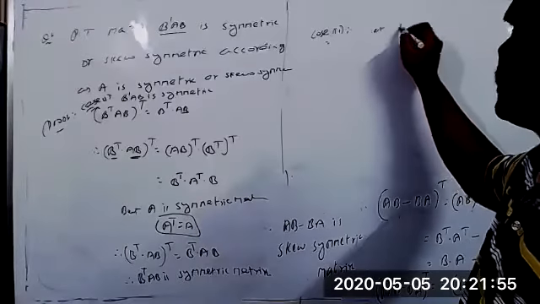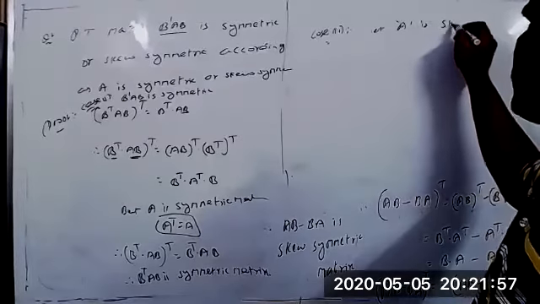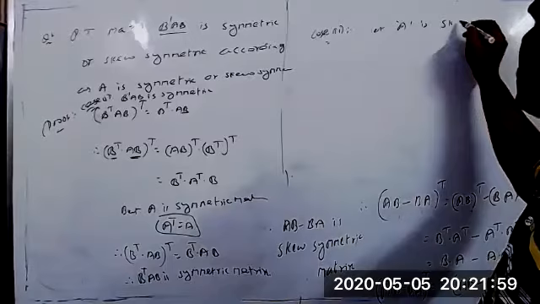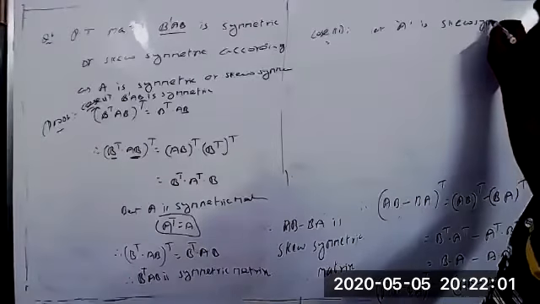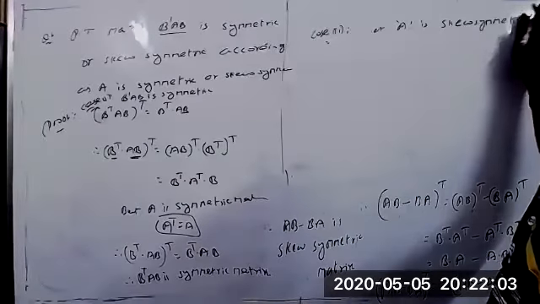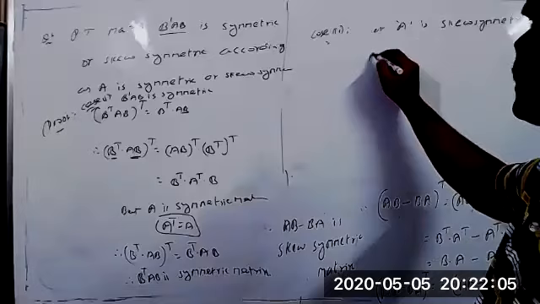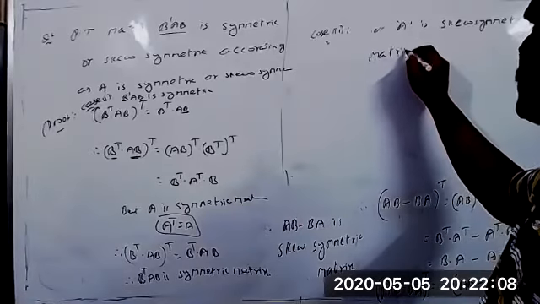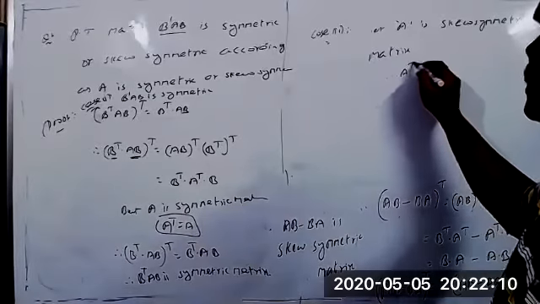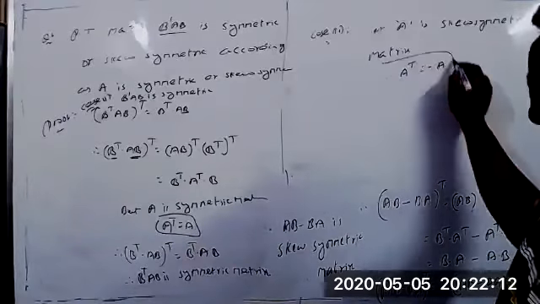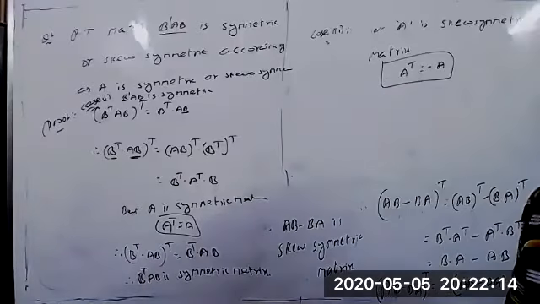Take here now, let A be a skew symmetric matrix. Therefore, A transpose equal to minus A.